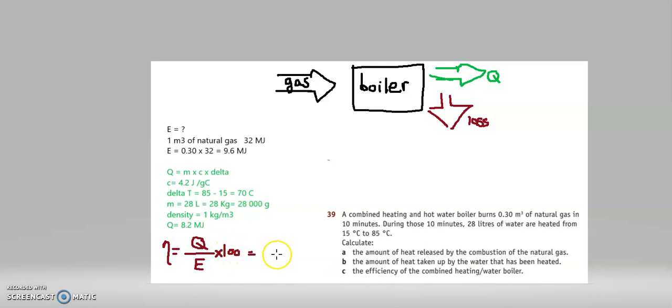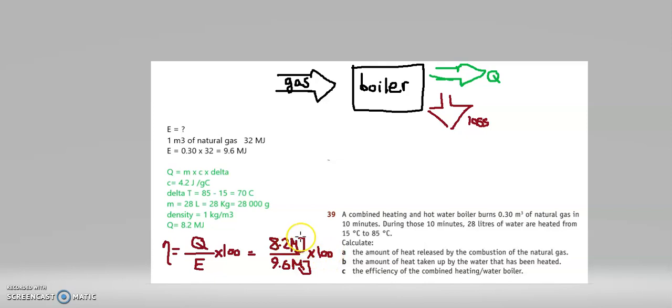So useful energy is 8.2 megajoules, and this is 9.6 megajoules, times 100.